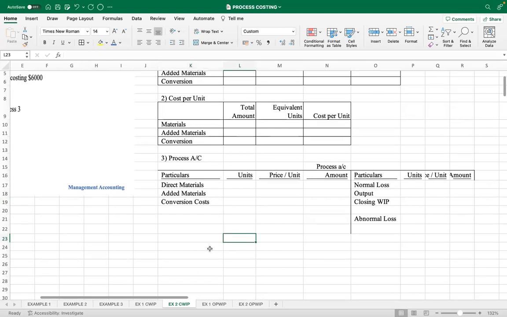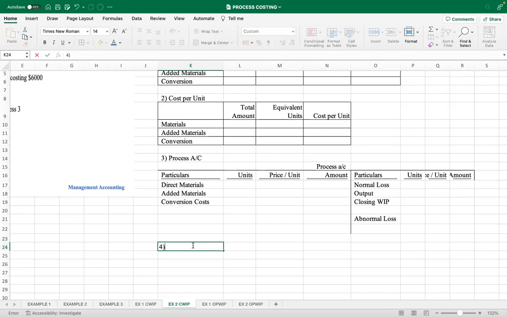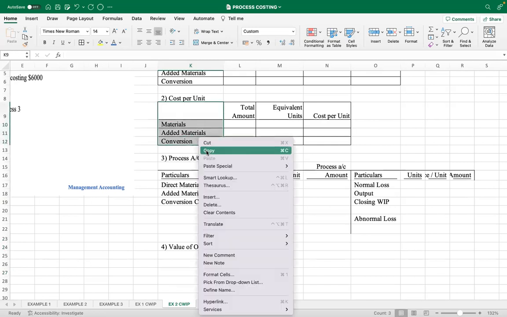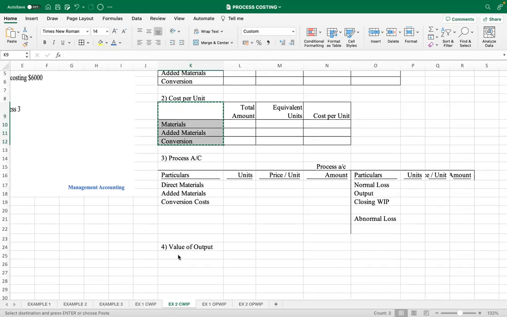And then we have number four, the value of output. Copy that and paste it there.